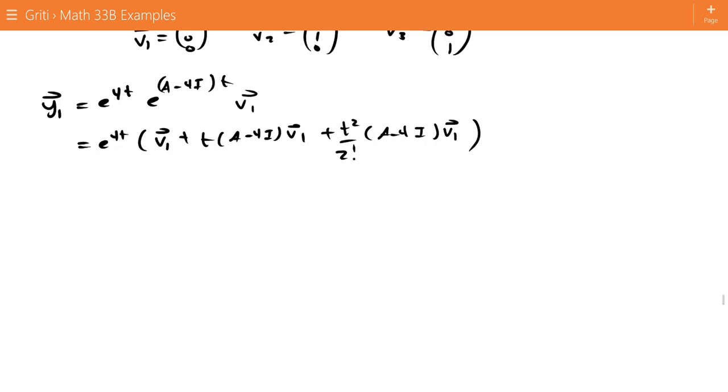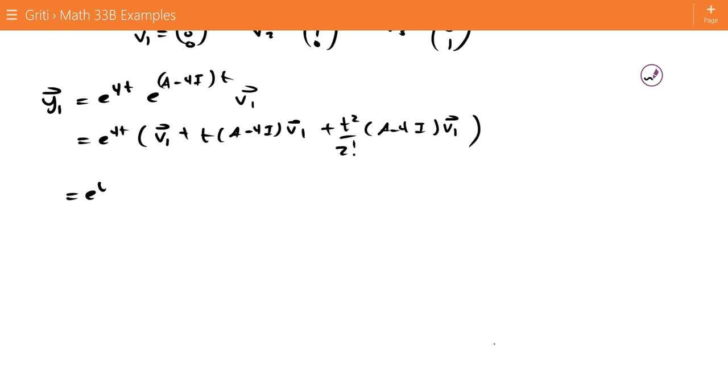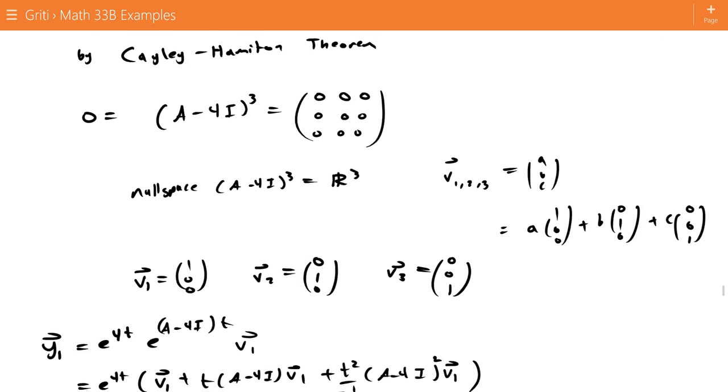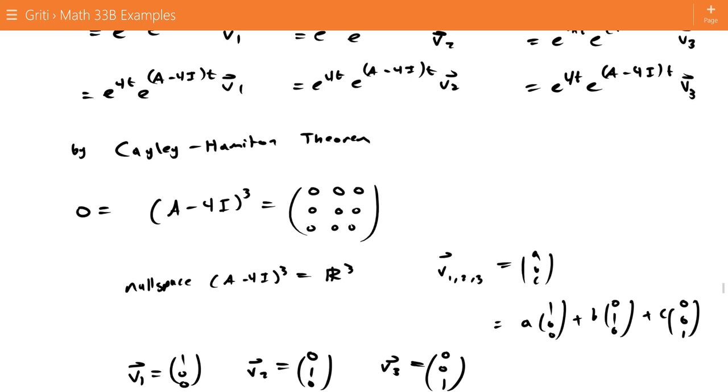And everything beyond that's going to go to 0. So our solution then is, and this should be squared, sorry. So we need to find out what A minus 4I and (A minus 4I) squared are.